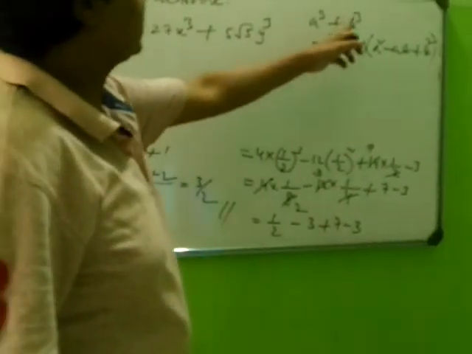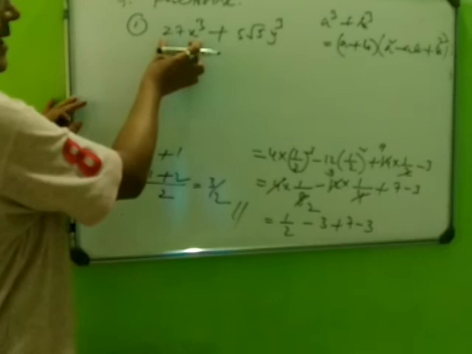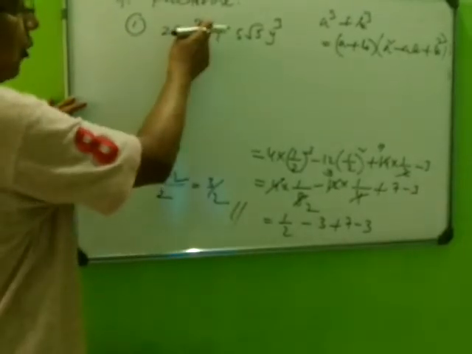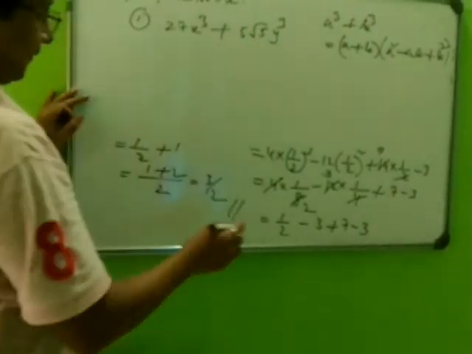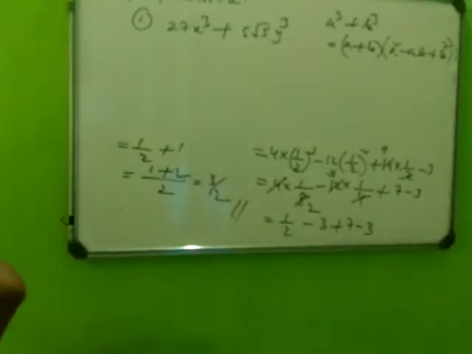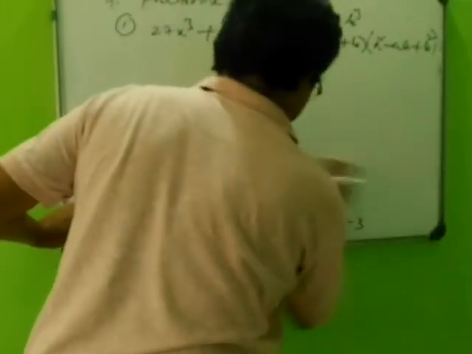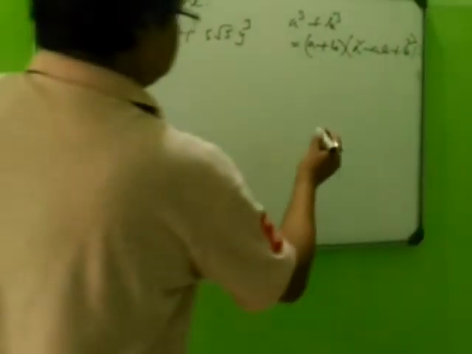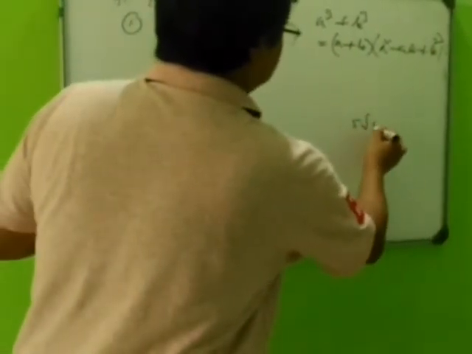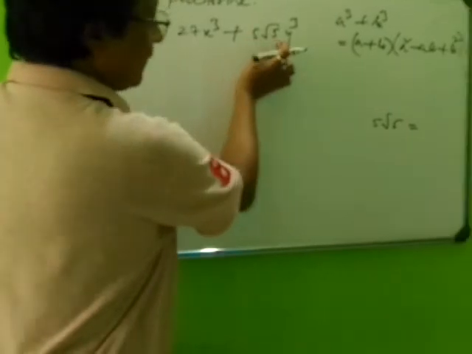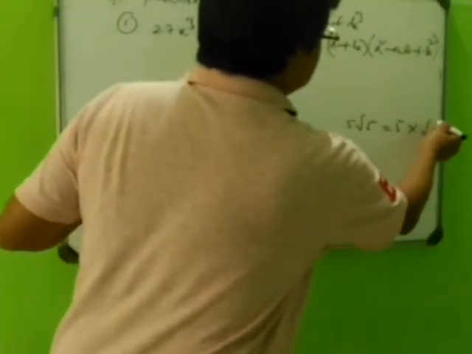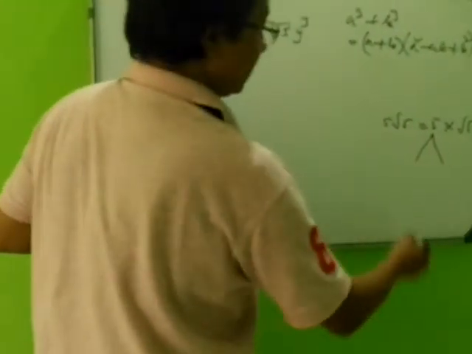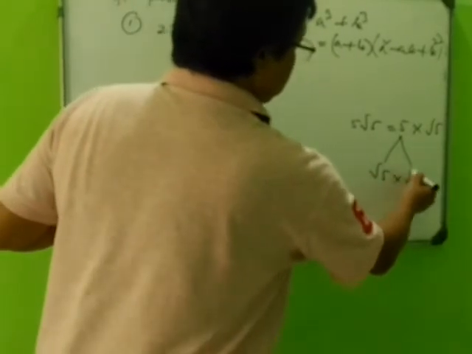So a cube plus b cube, you will make this as a cube. How? Thrice x whole cube and 5 root 5. 5 root 5 equals 5 into root 5.